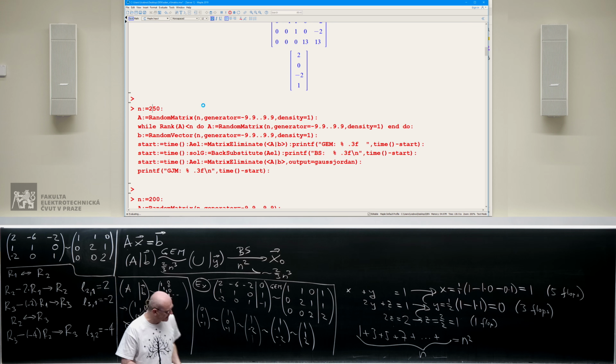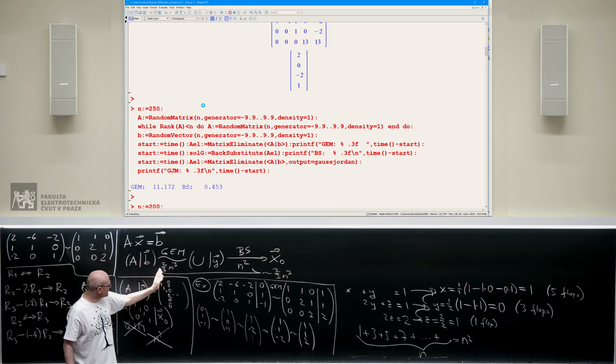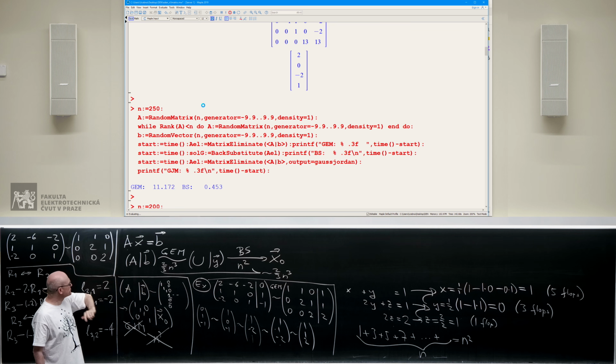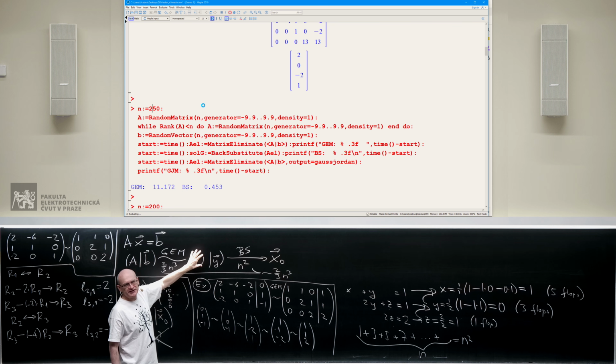So let's talk about things. This is how I learned it in high school. Okay, you go and you are creating ones on the diagonal and zeros elsewhere, column by column. There is an interesting twist. What you can do, you can use Gaussian elimination to obtain upper triangular matrix.